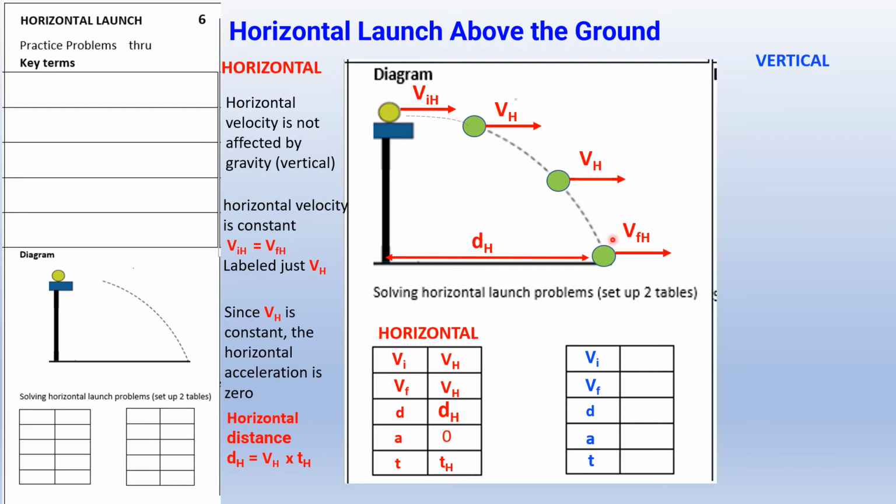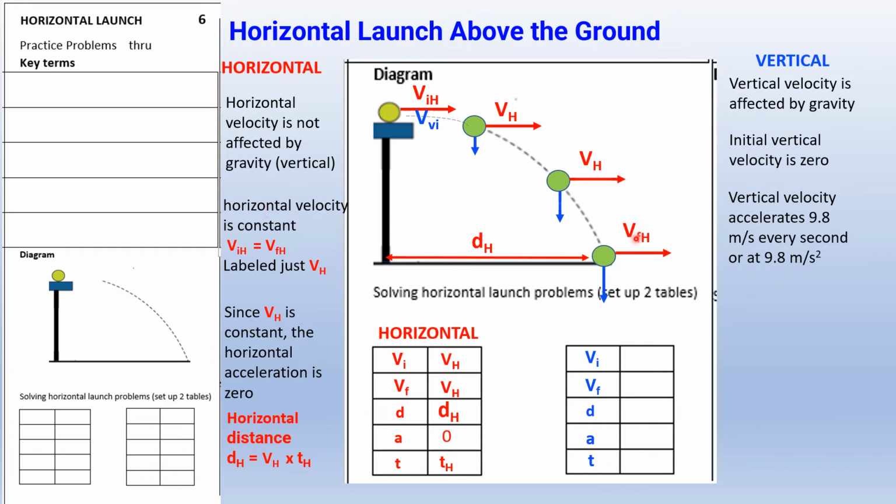Now let's take a look vertically. Vertical velocity is affected by gravity. So here is when the velocity is getting greater as the time goes by, just like a free fall, which means the initial vertical velocity is 0.